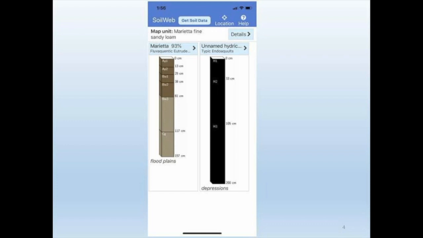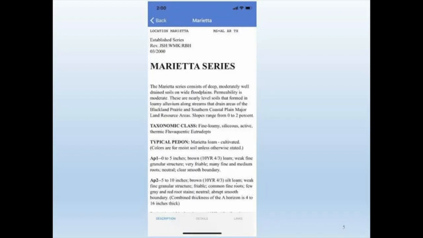A floodplain soil. It would normally have a horizon sequence with two Ap horizons, so it's probably been plowed or worked at a couple of different depths. Below that, we have a B horizon, a few that are fairly well expressed. It also tells you about your soil textures and your soil taxonomy.